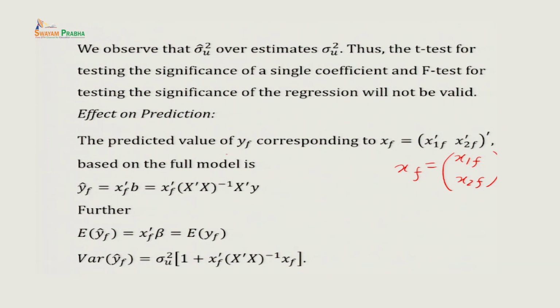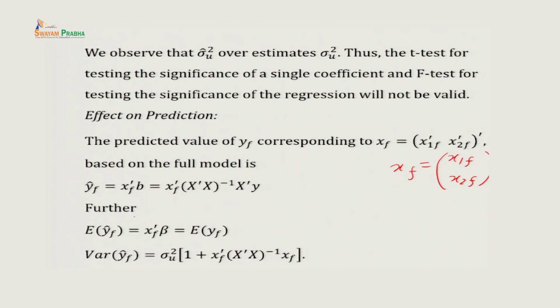Then the predicted value based on the full model is y hat f equal to x f transpose b, where b is equal to (x transpose x) inverse x transpose y. And in the last lecture, we have also discussed that the expectation of y hat f is equal to x f transpose beta, which is equal to the expectation of y f, and the variance of y hat f is equal to sigma square u (1 plus x f transpose (x transpose x) inverse x f).